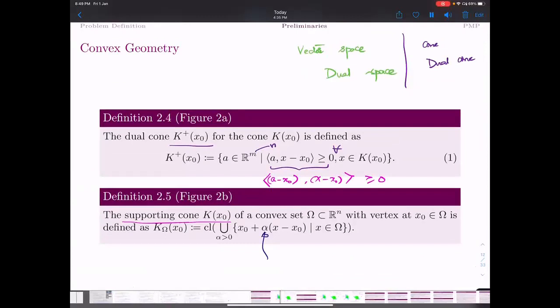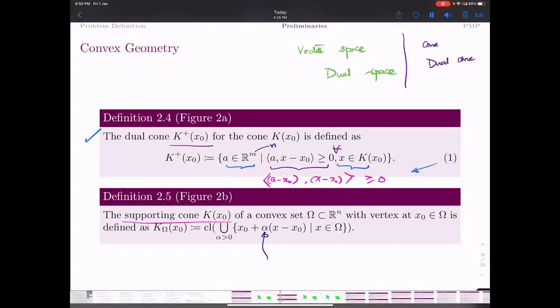Right, let's just quickly go through this definition. The dual cone K superscript plus at x naught, for the cone K at x naught with vertex at x naught, is defined as all those points a in R^n such that the inner product of a minus x naught with x minus x naught is greater than or equal to 0.